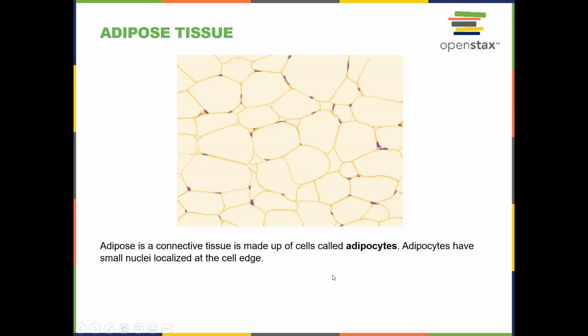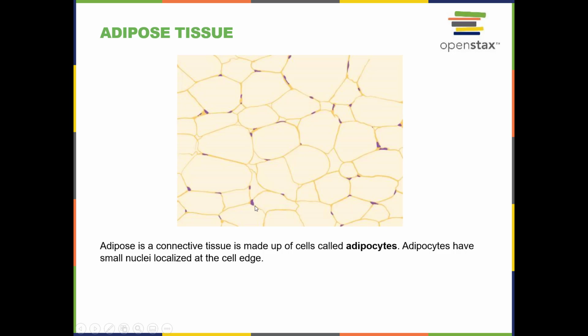All right, fat, adipose. Adipose has adipocytes, which are just cells, fat cells. What's kind of funny about them is that in this picture it's actually hard to tell, but the little purple thing is the nucleus for one of these cells.